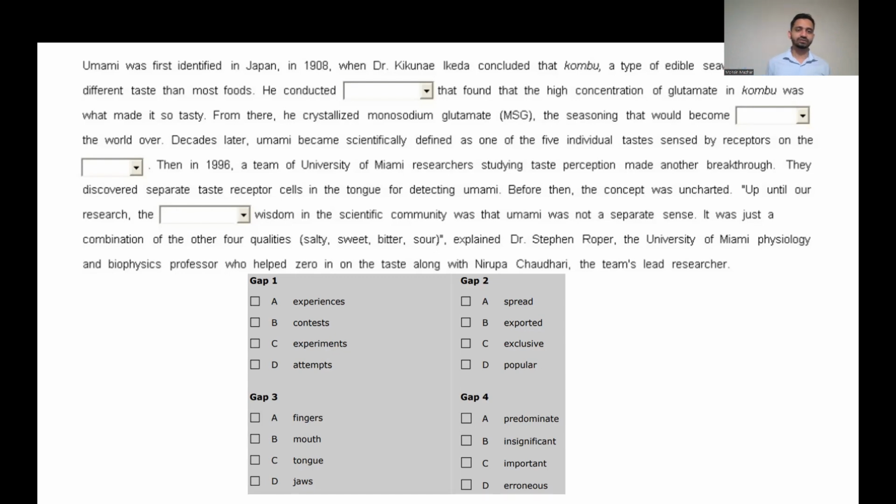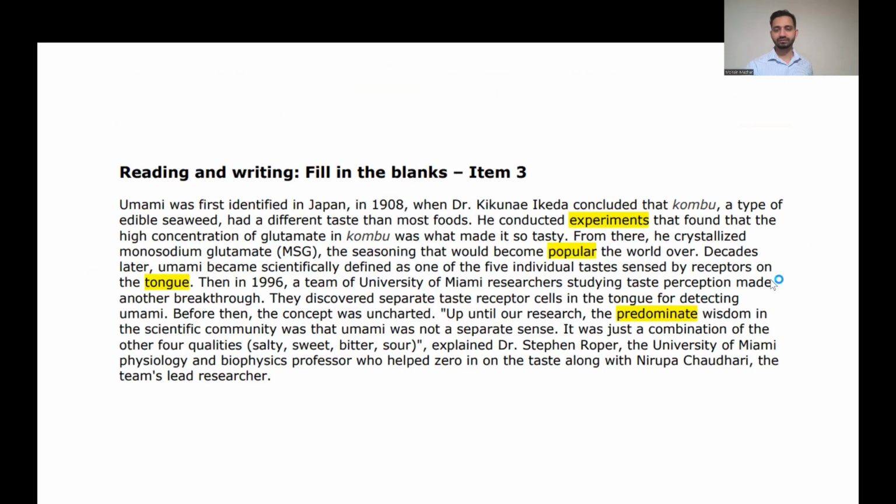It was just a combination of the other four qualities: salty, sweet, bitter, sour, explained Dr. Stephen Roper, the University of Miami physiology and biophysics professor who helped zero in on the taste along with Nirupa Chaudhary, the team's lead researcher. We're going to read it out and see if it all makes sense.